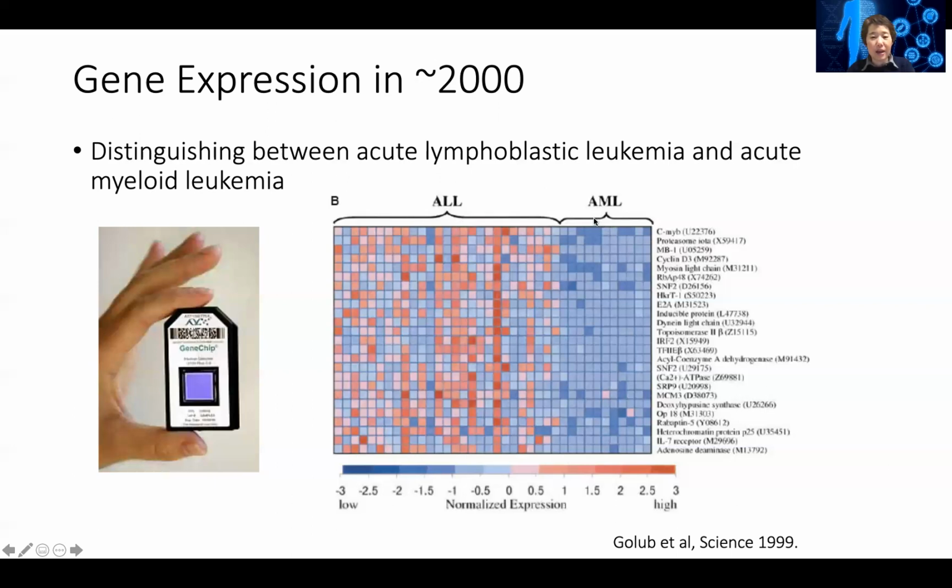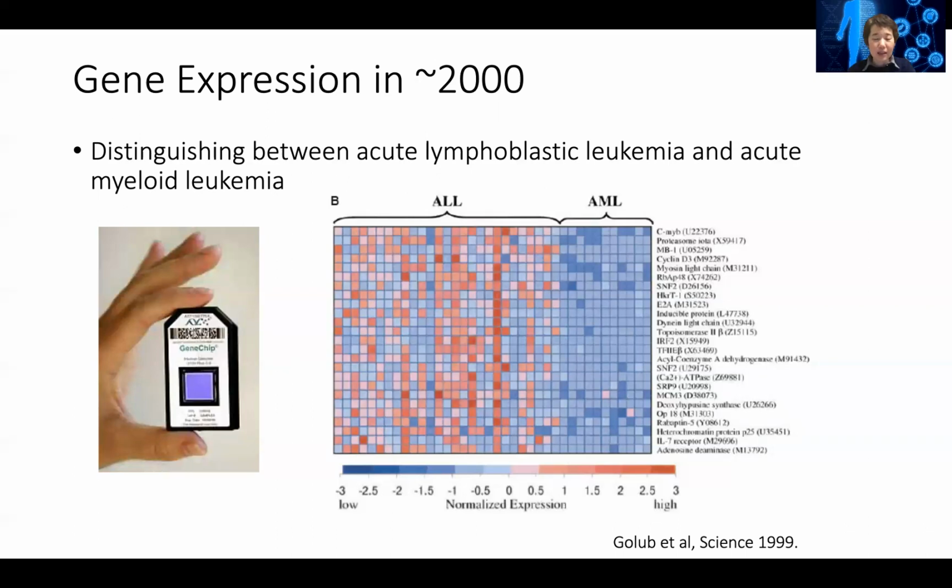The other is AML, acute myeloid leukemia. These two types of leukemia pathologically look quite similar, so sometimes it's hard to distinguish them for diagnosis. However, the treatment and outcome could be different. Therefore, reaching a correct diagnosis is quite important for treatment and for the patient.